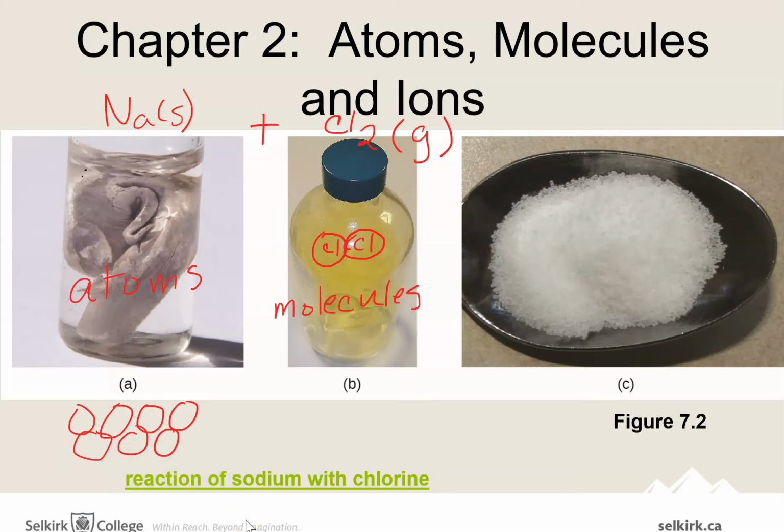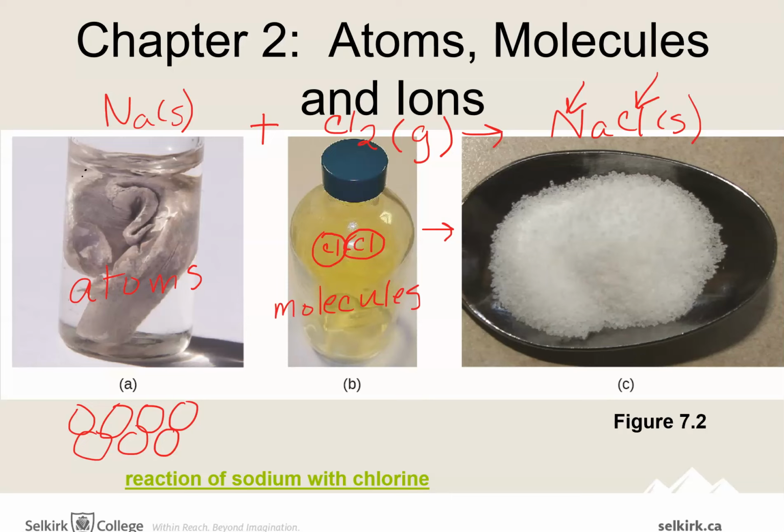Now, when you watch the video, you'll see that they react very vigorously to make sodium chloride. And I'm going to pause while you decide whether that's made up of atoms, molecules, or ions. What I see there is a metal combined with a nonmetal in the same compound. And I'll review that later. But that's how I know that this is an ionic compound.